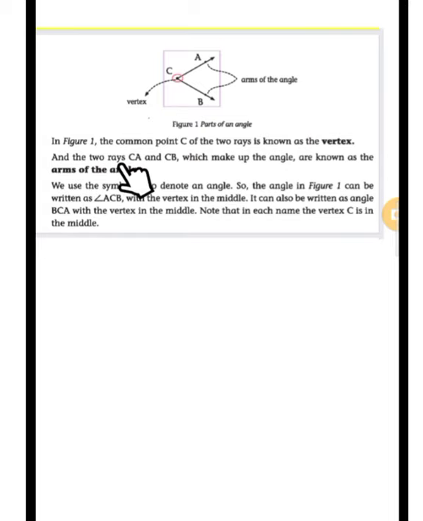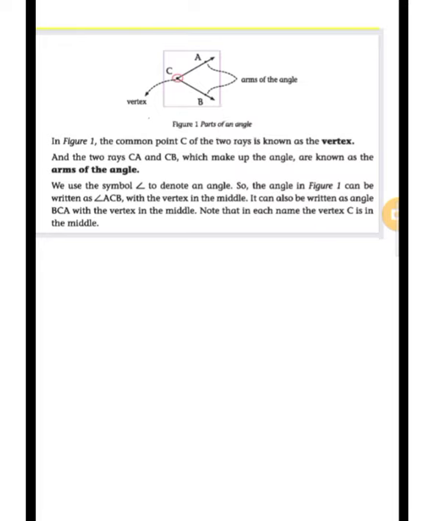The two rays CA and CB, which make up the angle, are known as the arms of the angle.